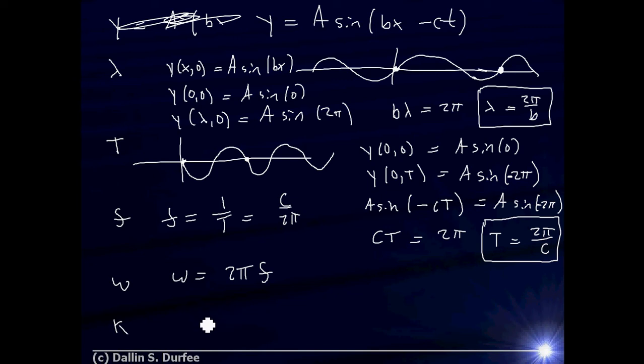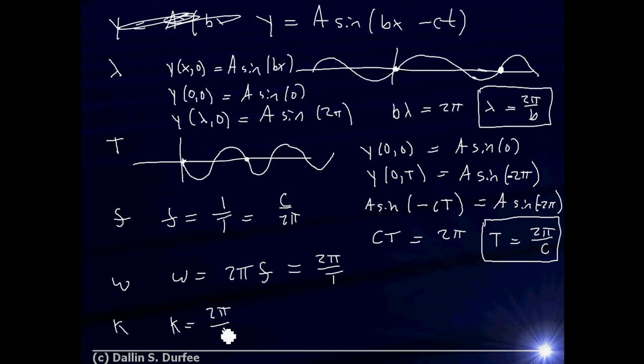Wave number is like the same thing as angular frequency, but with space. It's like a spatial angular frequency. If I freeze my wave in time and move in x, how many radians of phase do I go through for each meter that I travel along the wave? All right, and so k is just equal to 2 pi over lambda, right? Just like you could write the angular frequency as 2 pi over the period in time.